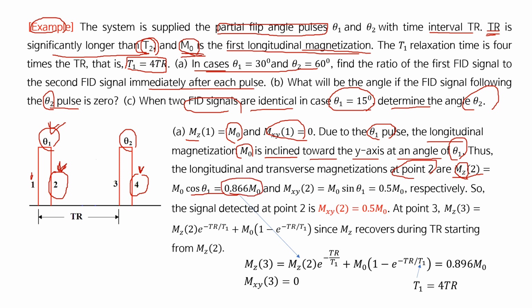You can get this number, and the transverse magnetization is also obtained. So the signal detected at point 2 is this transverse magnetization, right? So the signal is 0.5 M0. Okay.